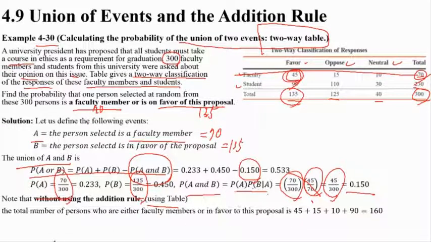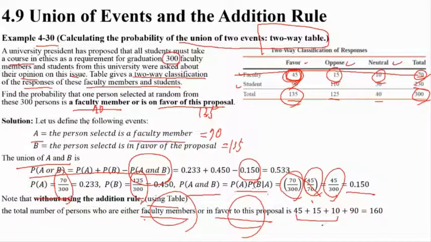Okay. So how many people are either faculty member or favorite proposal, which means this one or this one. So how many people in the table? 45, right? Favor, 15, and 10 for what? This one for faculty, right?